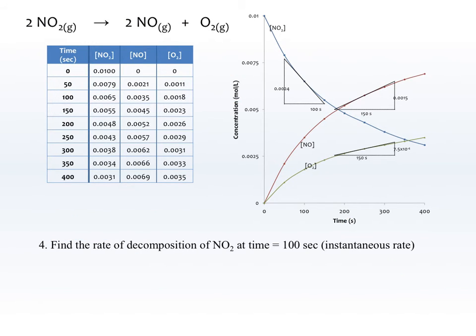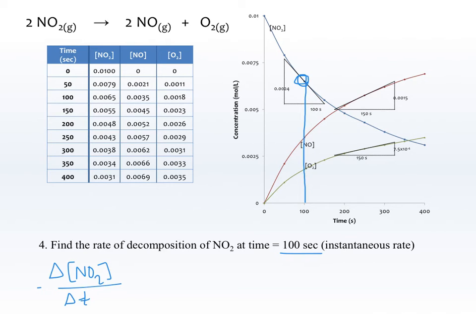Alright, now we're going to find the rate of decomposition of NO2 at a particular time, the instantaneous rate at 100 seconds exactly. So here I'm going to take 100 seconds, and look on my chart exactly at 100 seconds. There we go. So exactly at 100 seconds, I cannot do the same thing I did before, which was the change in concentration of NO2 over the change in time, negative, because I don't have a change.